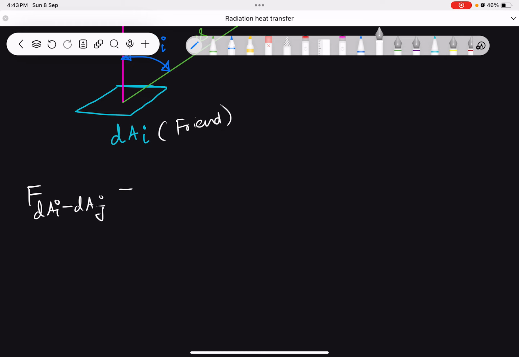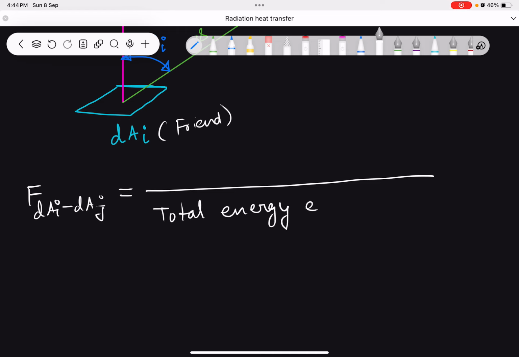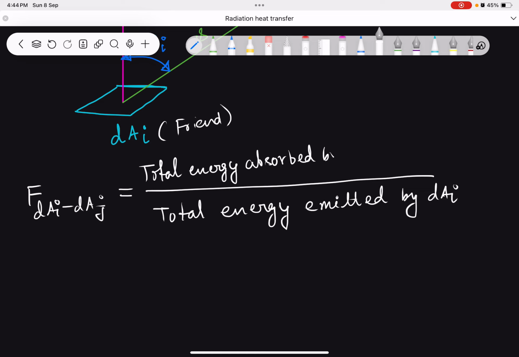Okay, so this is defined as total energy absorbed by dAj out of total energy emitted by dAi.